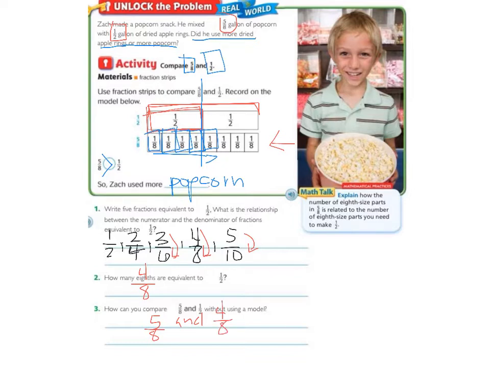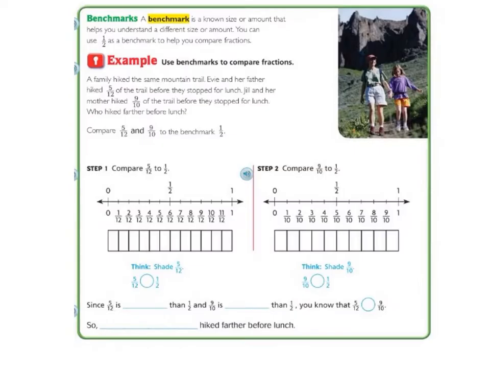And then we can compare without using a model by knowing that 5 is bigger than 4. So that means that 5/8 is bigger than 1/2.